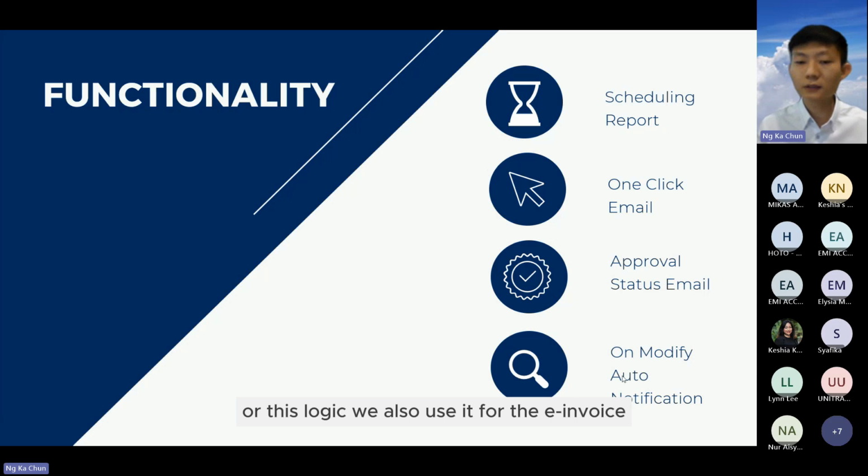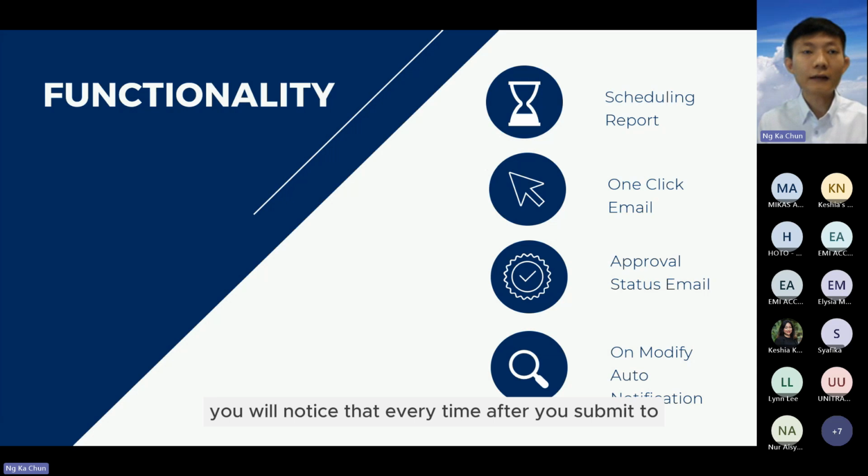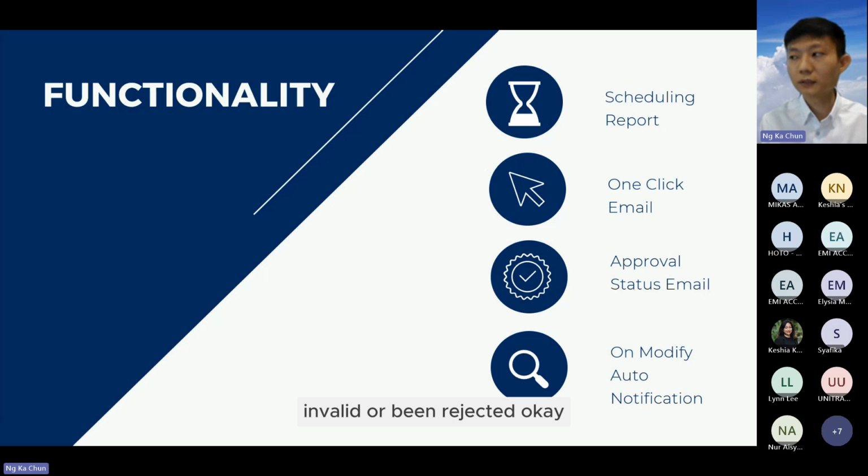We also use this logic for the E-Invoice. As you know, if you have subscribed to the SCT E-Invoice module add-on, you will notice that every time after you submit an E-Invoice to the IRB, we need to wait for the response from the IRB on whether the E-Invoice is validated, invalid, or rejected.